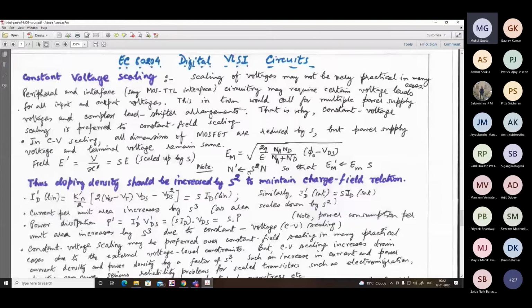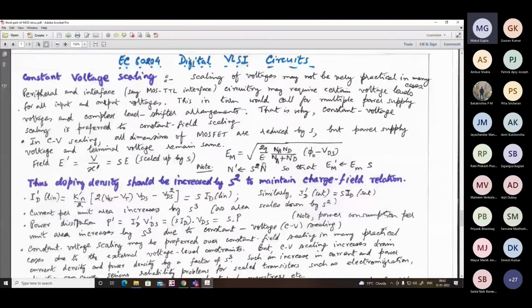So suppose S is 1.4, then 1.4 square is 1.96. So the cost of fabrication will be slightly increased if you go for constant voltage scaling, because you have to carry out more doping.